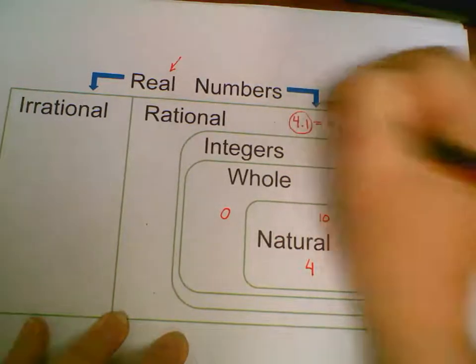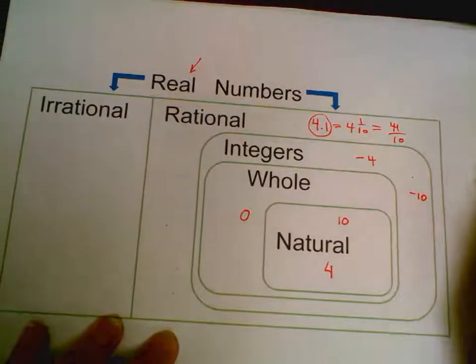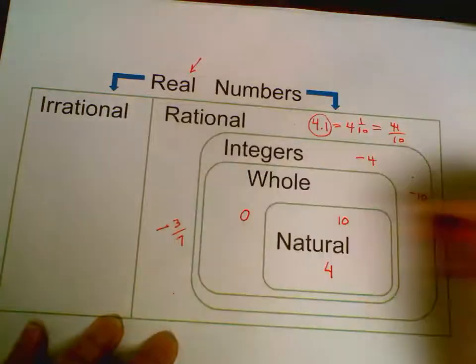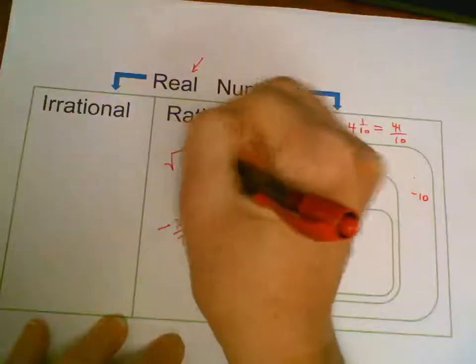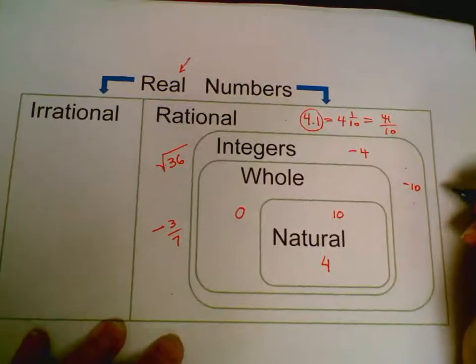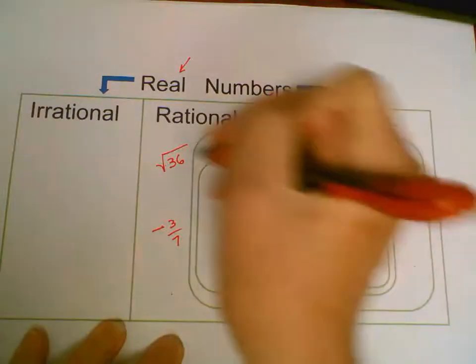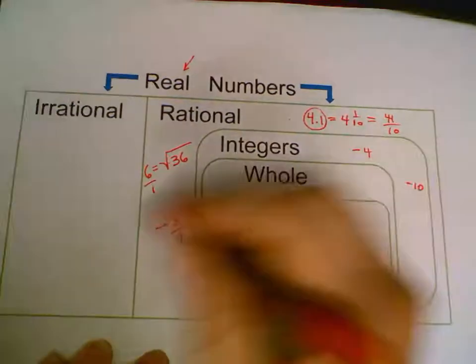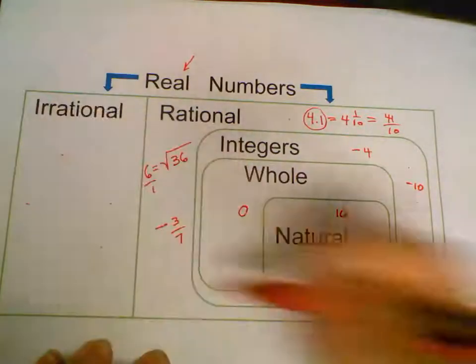So 4.1 is in this container. Negatives are in this container if they're ratios. Square roots are in this container only if they're ratios, only if they can be made into a ratio like 6/1.